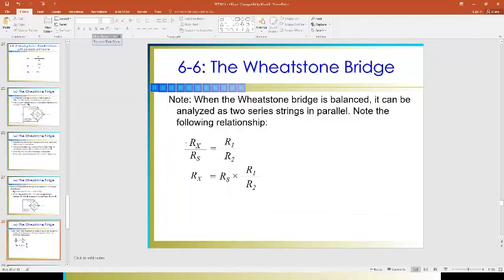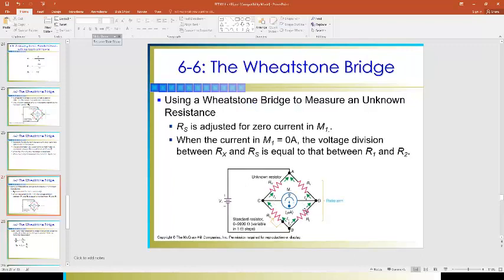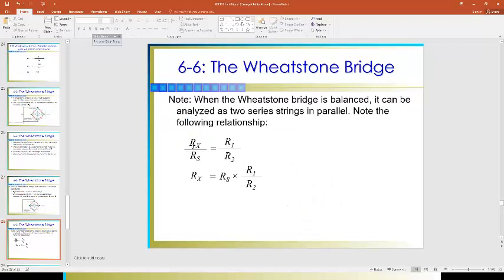So this is the algebra right here. Just remember, if we have this measurement right here equal to zero amps, there's no current here. We connect this meter right here, and then we adjust Rs until this is 0, then we can use these ratios. The ratio 1 equals the ratio 2.